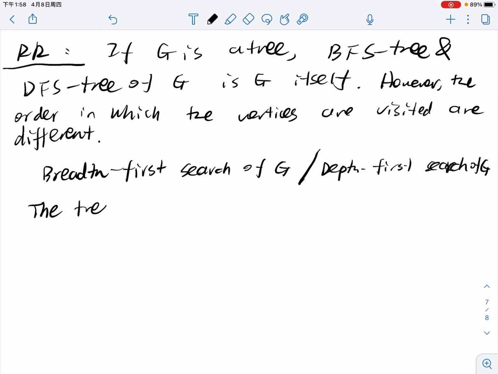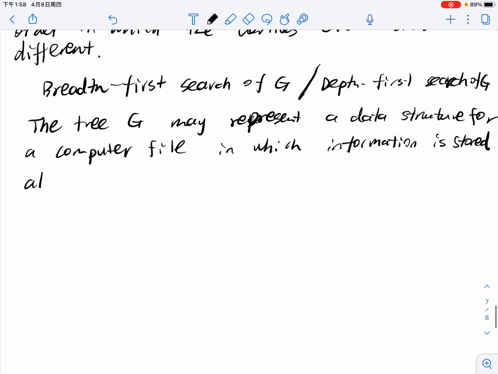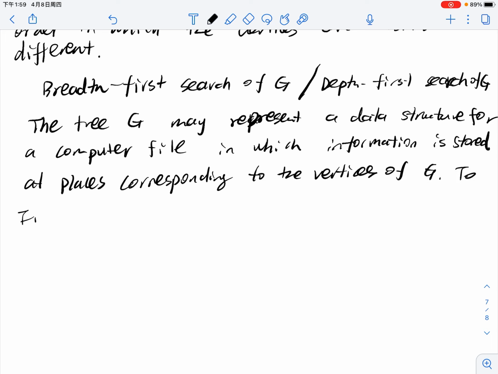So more explicitly, the tree G may represent a data structure for a computer file in which information is stored at places corresponding to the vertices of G, and to find a particular piece of information, we need to do a search.